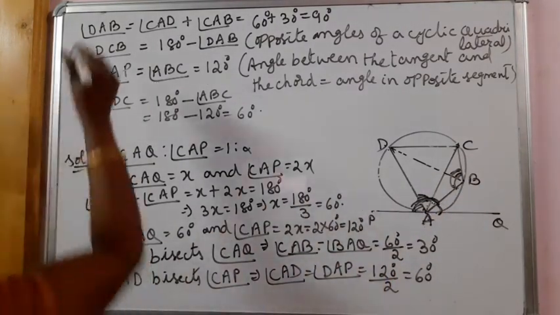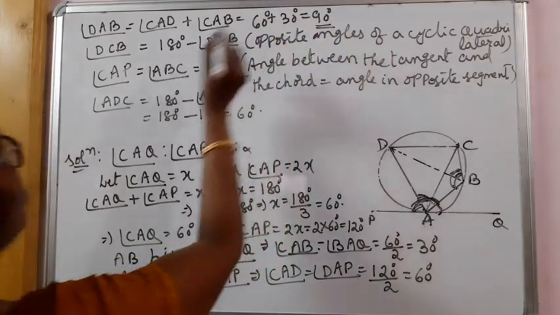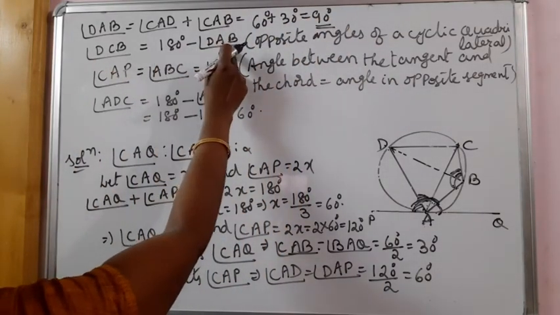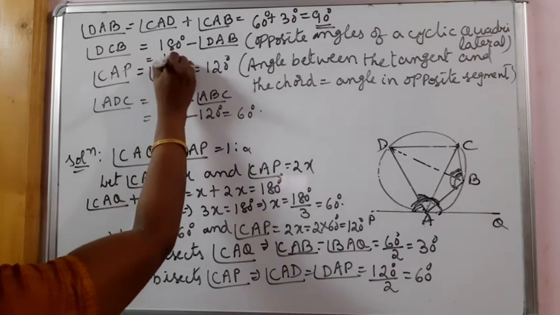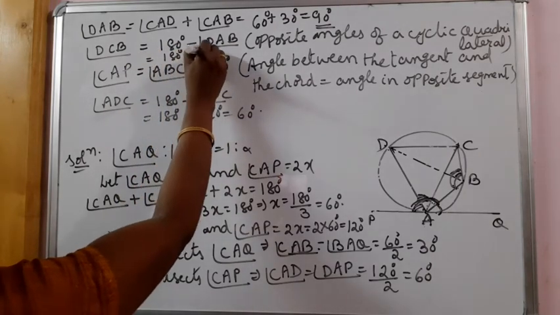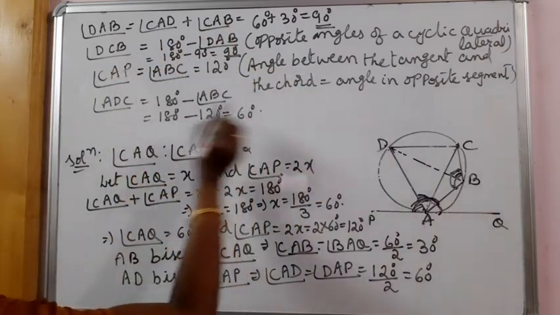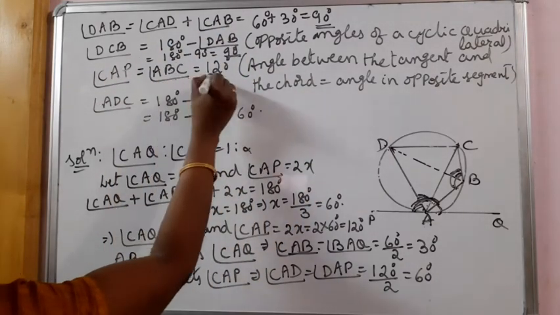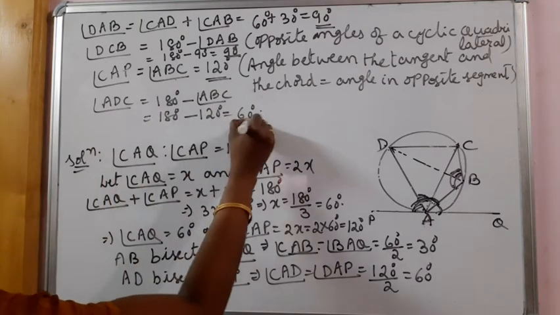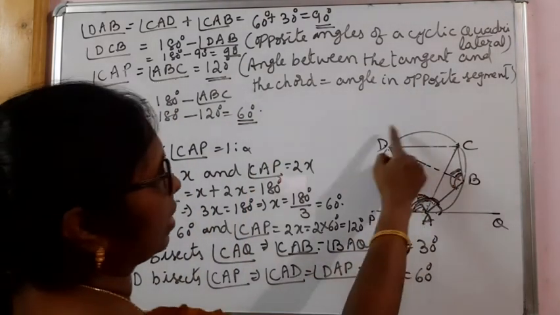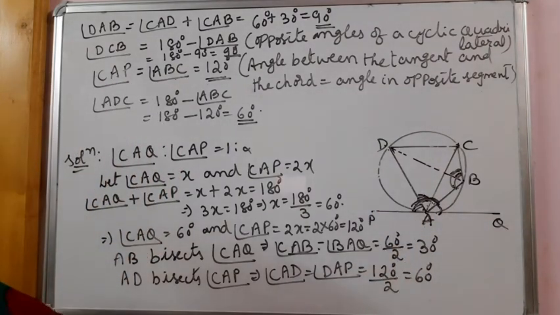Angle DAB is one angle, angle DCB is 180 minus DAB, 180 degrees minus 90 degrees, that gives you 90 degrees. Then we got angle ABC and ADC. So all the 4 angles of the cyclic quadrilateral ABCD we got now.